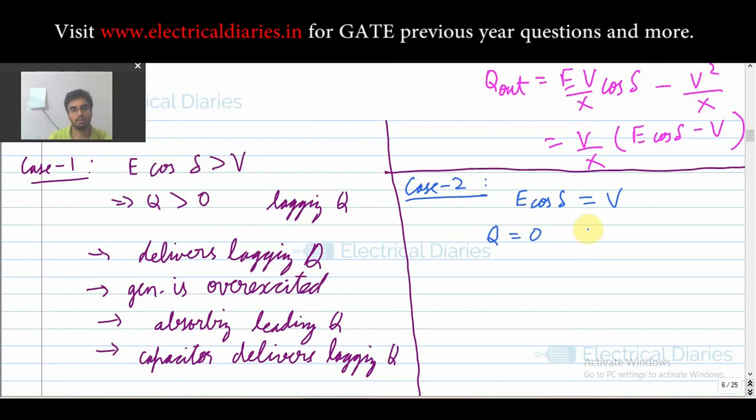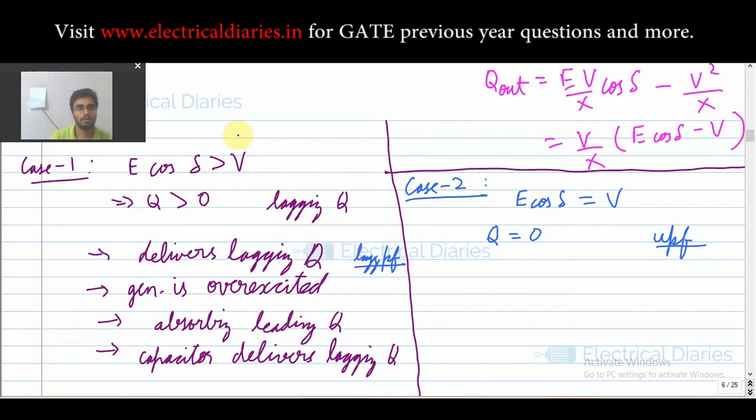The generator is neither delivering nor absorbing any lagging Q, nor delivering any leading Q. So your Q is 0, and this means your generator is at UPF. If the Q is lagging, then it means a lagging power factor. If your Q is leading, then it is a leading power factor. That also you should remember.